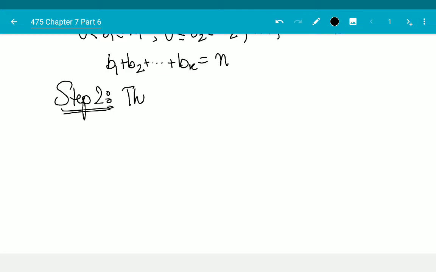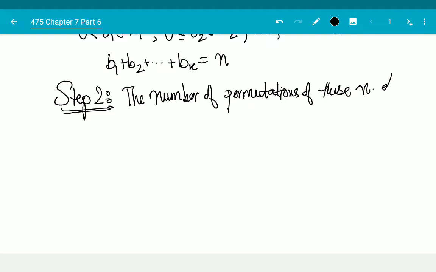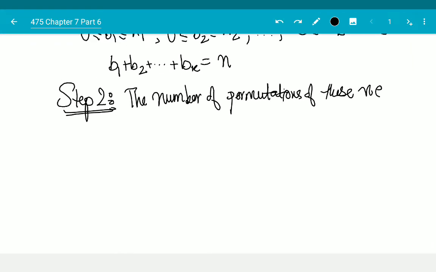The number of permutations of these n elements is equal to n factorial, that's the total number of arrangements, divided by the number of arrangements where I can interchange any of these, right?